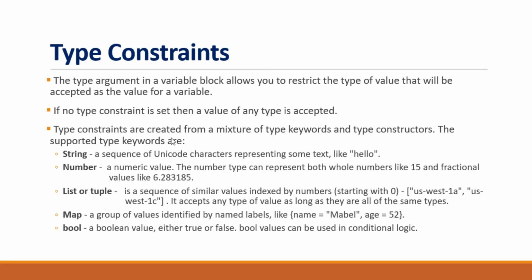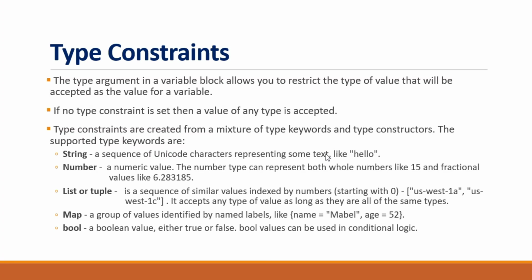Type constraints are created from a mixture of type keywords and type constructors. The supported type keywords, as we discussed, are string, number, list, map, bool. These are the type constraints you can use in your variable block. String is a sequence of Unicode characters representing some text, like hello.